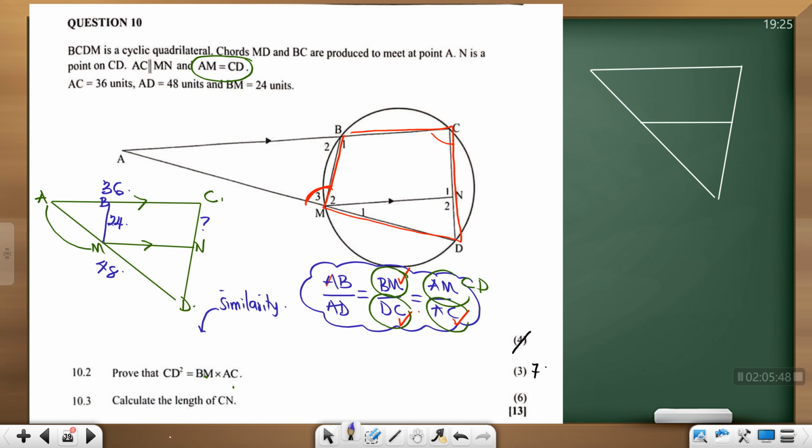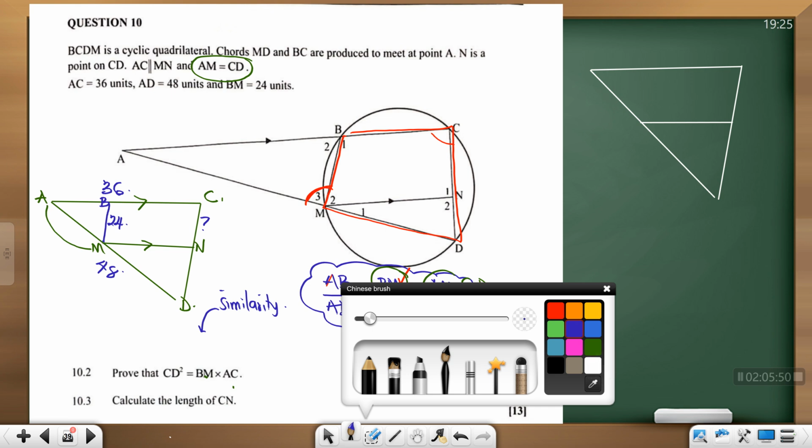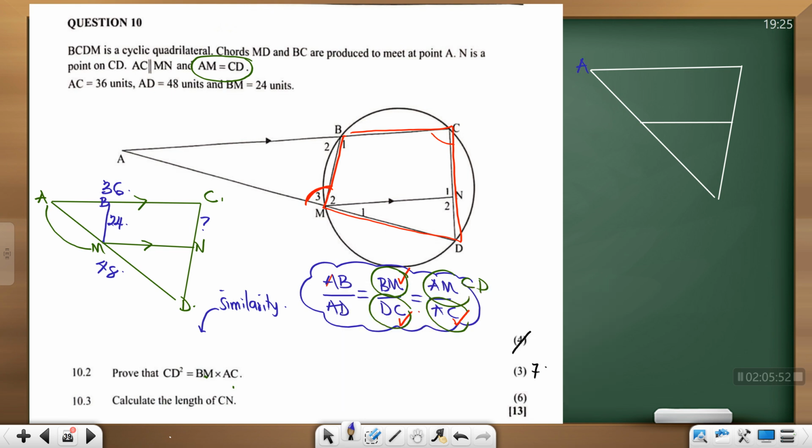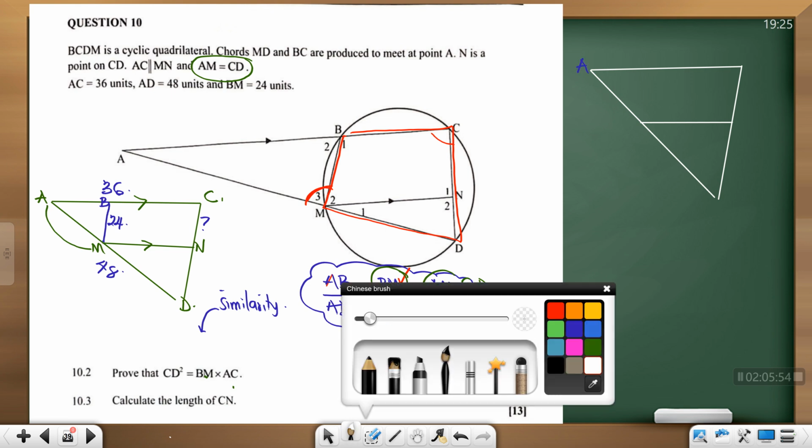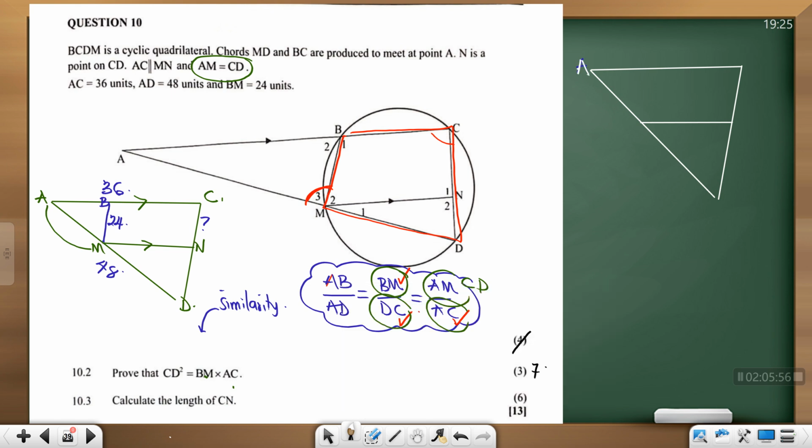Do you see that? Okay, don't worry, this is the last one. I see it's already draining you, I know. A, C, D. Once you get used to this, it's going to become very nice. When I have a triangle with parallel lines, I can try to bring in proportionality.